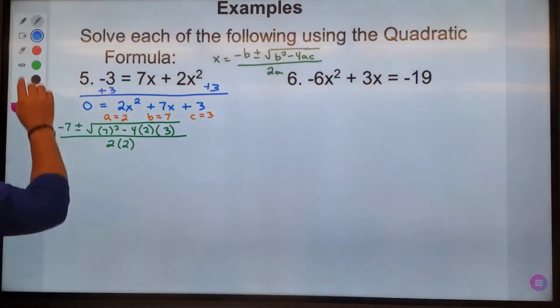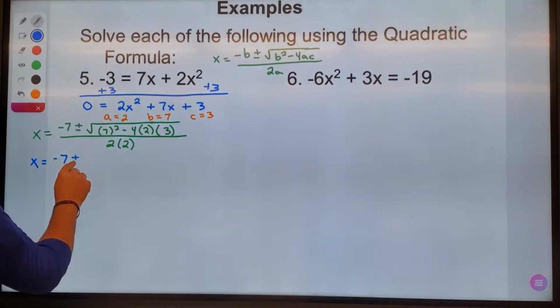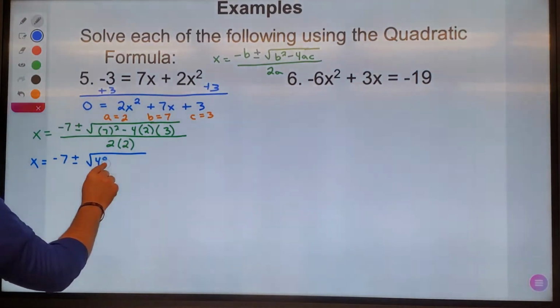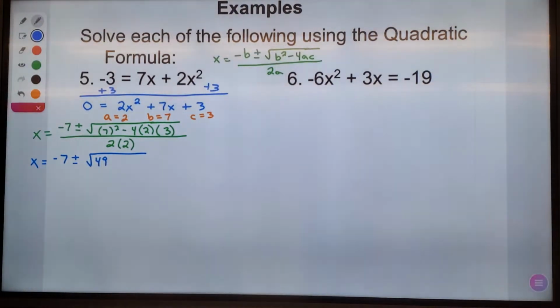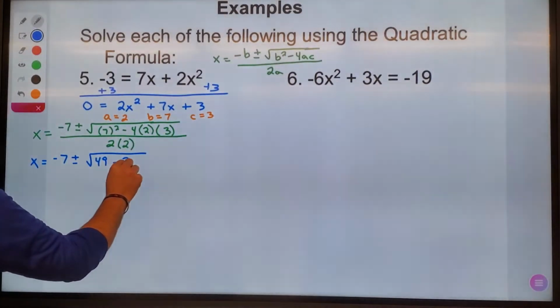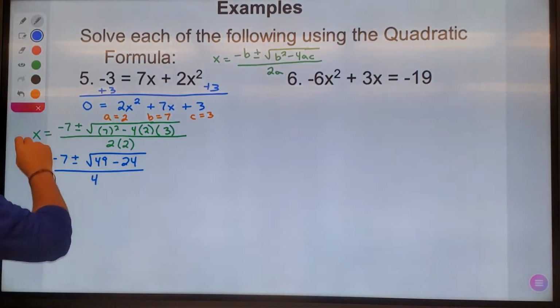Continue the process. Again, simplifying, x equals, we got negative 7 plus or minus the square root. 7 squared is 49. Negative 4 times 2 is negative 8. Negative 8 times 3 is negative 24. All over 2 times 2, which is 4.